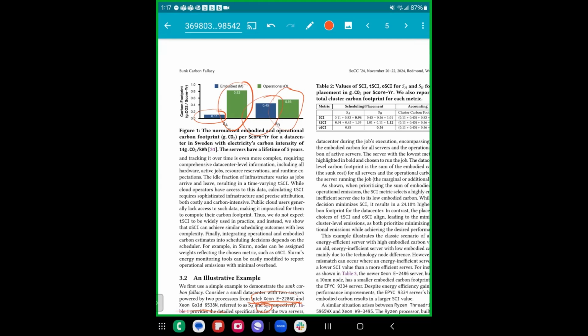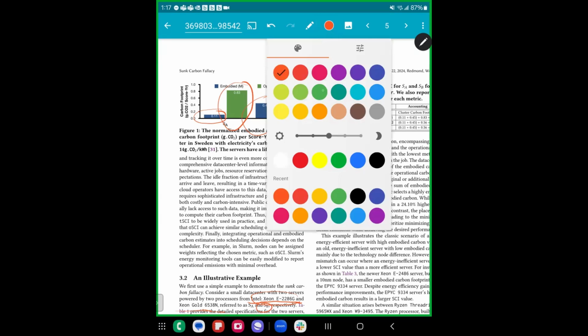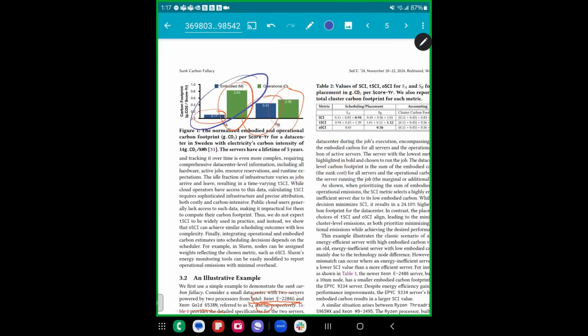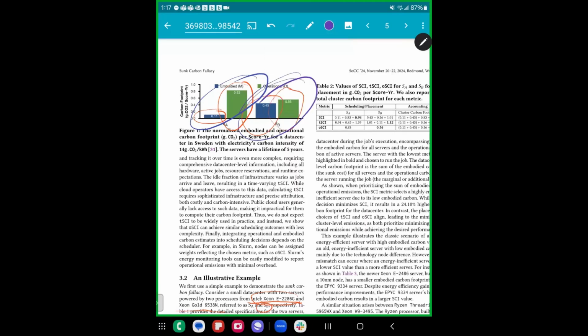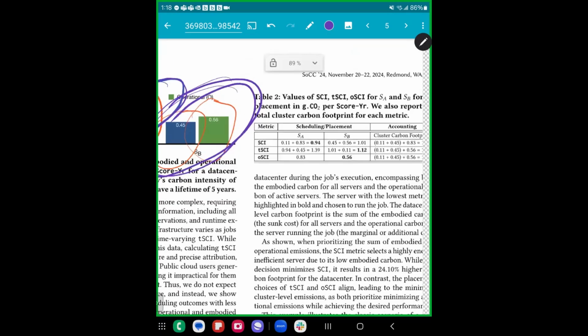So if you add these two together, right? If you add these two and these two, and use this as a metric to decide which machine to run your job on, the older CPU is better, right? So this is what is shown in this table.